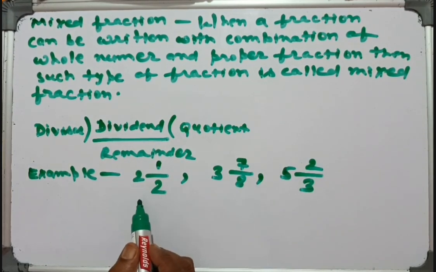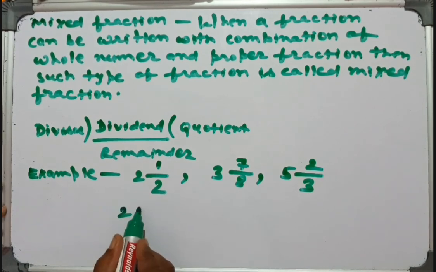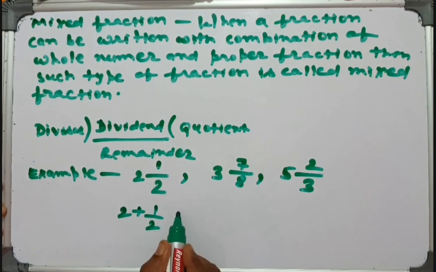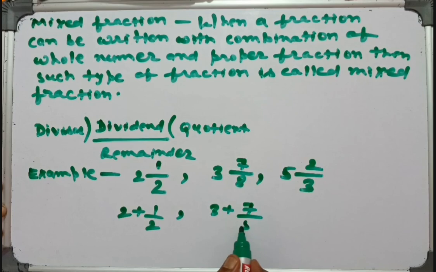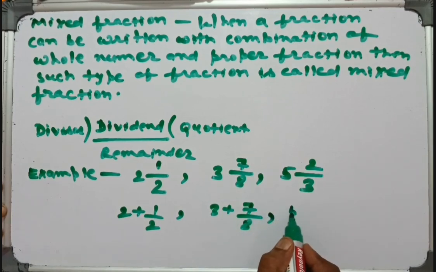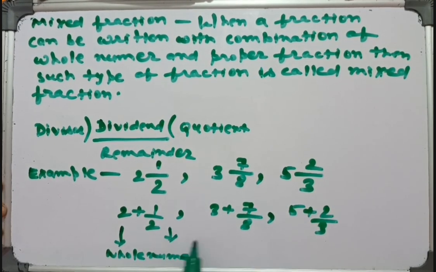See, these all are examples of a mixed fraction, or you can write this as a combination of a whole number and a proper fraction. See, this 2 is a whole number, and 1 by 2 is a proper fraction.